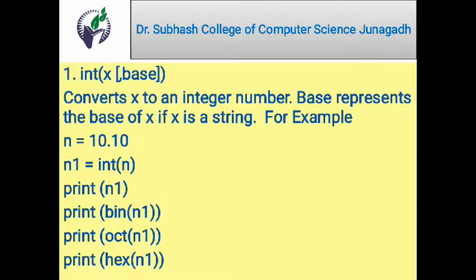Dividing 10 by 8, you take 8 one time, so the quotient is 1, and the remainder will be 2, so 2 will be there after this division. So 1 2: 2 into 8 raised to 0, that is 2, plus 1 into 8 raised to 1, that is 8. 8 plus 2 is 10. The answer will be 12.